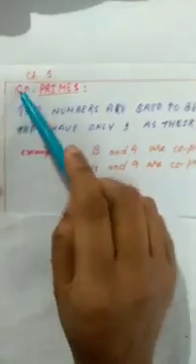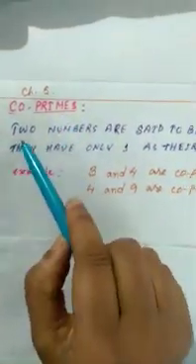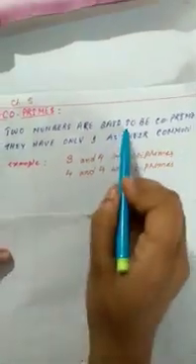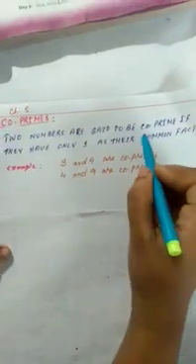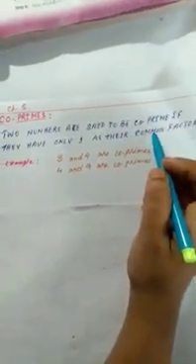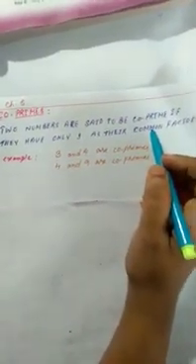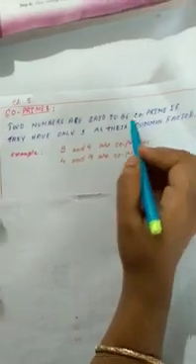So next, one more is coprime. Okay children, see here, two numbers are said to be coprime if they have only 1 as their common factor. It is not a necessary condition that the numbers should be prime. They may be composite or prime numbers also. But they have only 1 as their common factor.